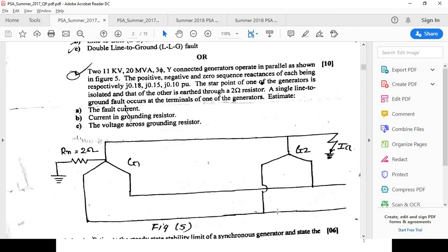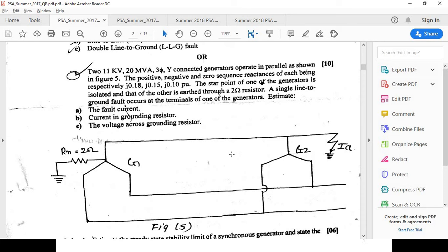So what is the numerical? There are two generators, generator 1 and 2, and the neutral of one generator is grounded through a reactance. What is the question? Two 11 kV 20 MVA generators, that is both generators are identical and having the same rating, three-phase star connected generators operate in parallel as shown in the figure.